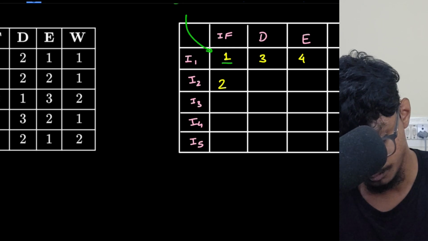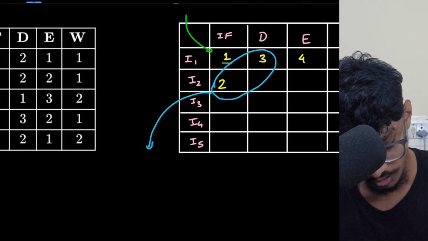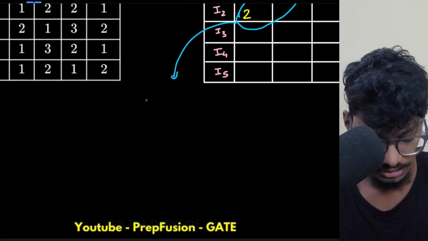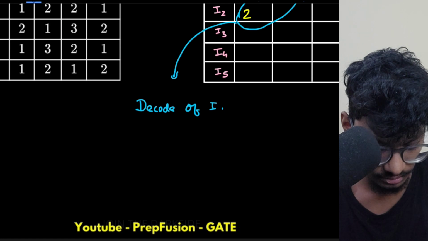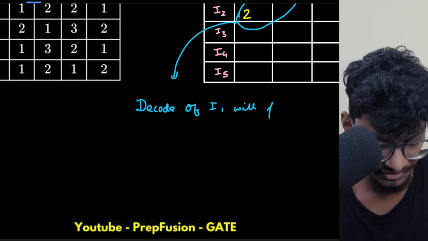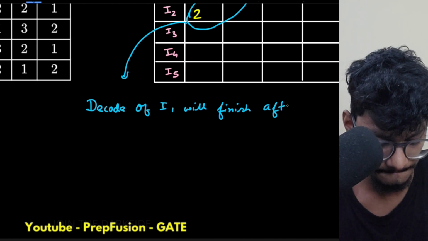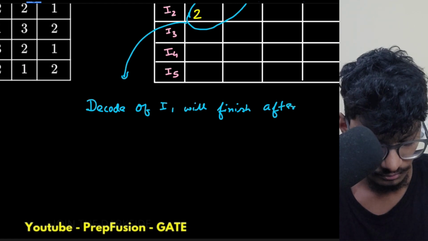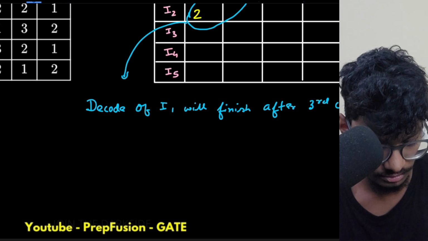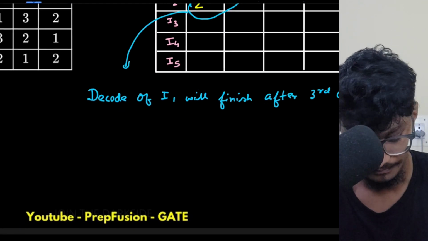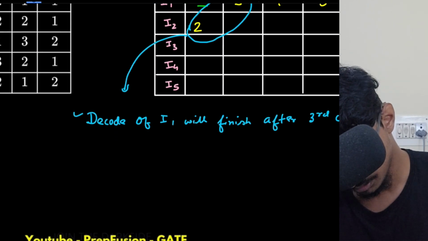So from these 2 observations, what I can deduce is that the decode of I1 will finish after the third clock cycle. This is the first point that I can deduce.